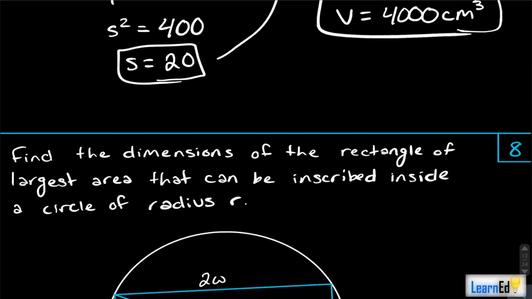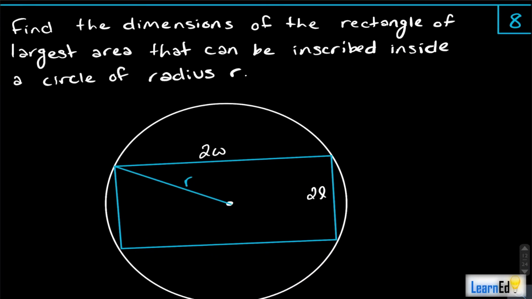Actually, this is the dimensions problem I was talking about. We want to find the dimensions of the rectangle of the largest area that can be inscribed inside of a circle of radius r. This is a very popular optimization problem, and one of the tougher ones, because something is inscribed in something else.